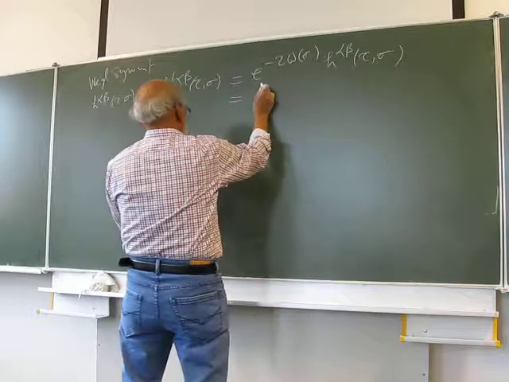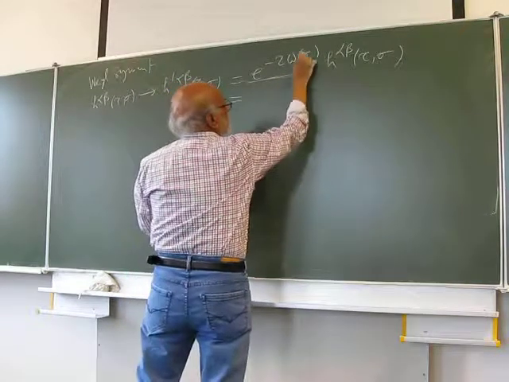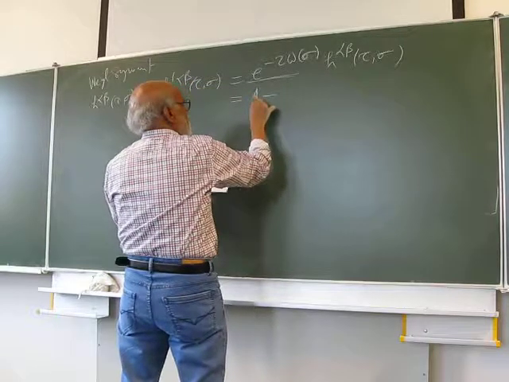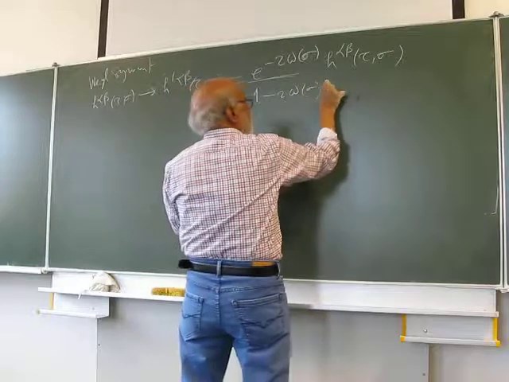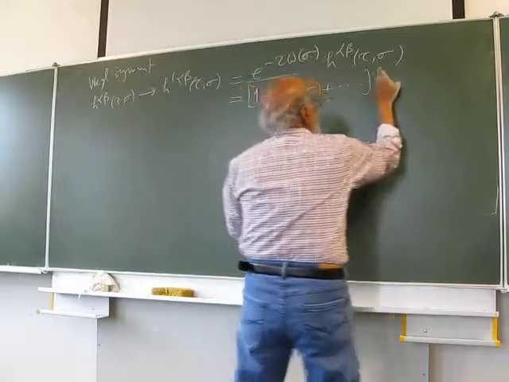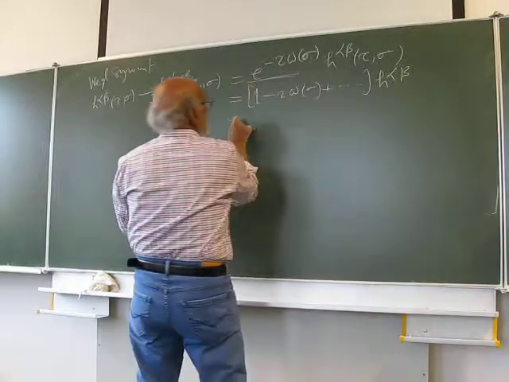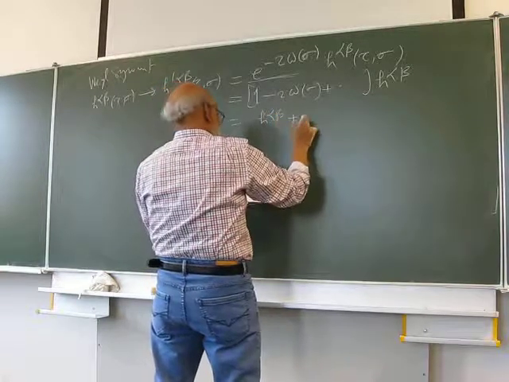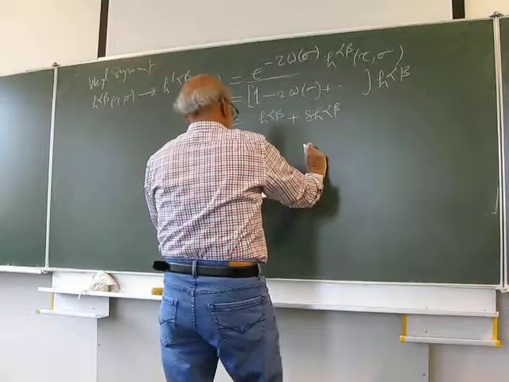This e to the power minus 2 omega could be expanded as 1 minus 2 omega into h alpha beta. This could be written as h alpha beta plus delta h alpha beta.